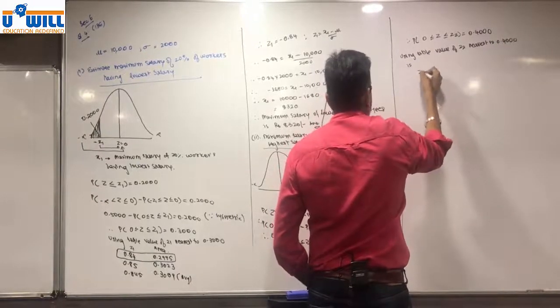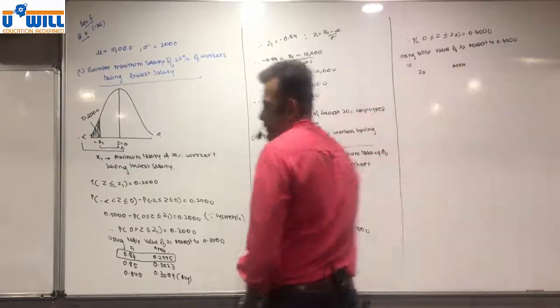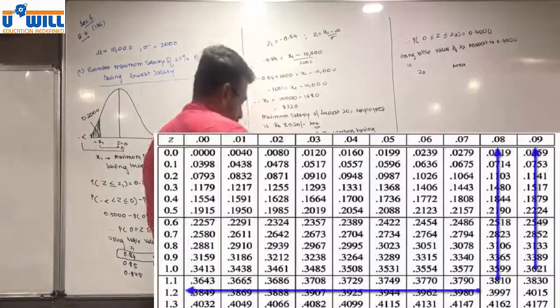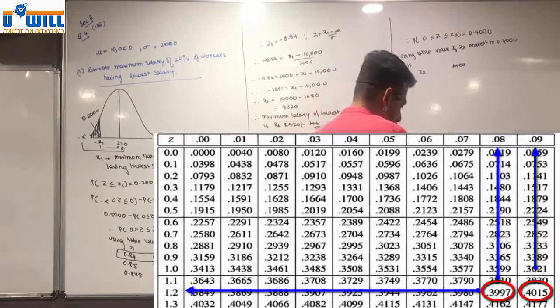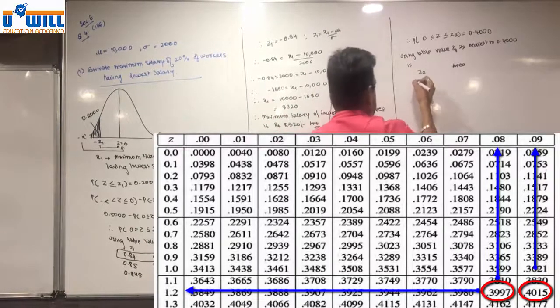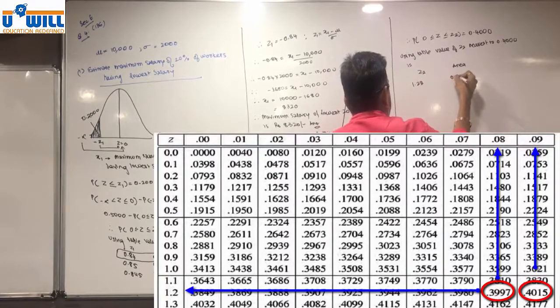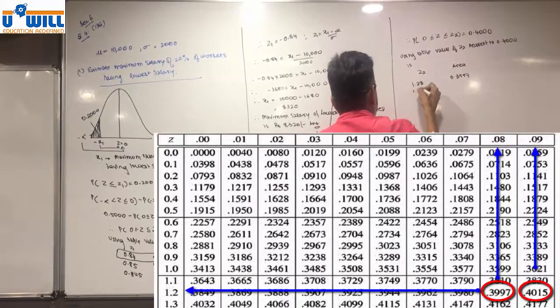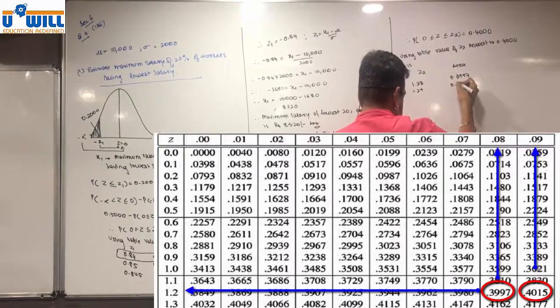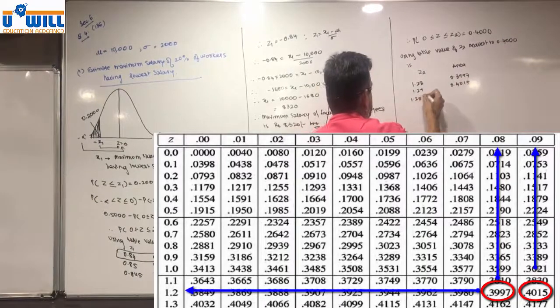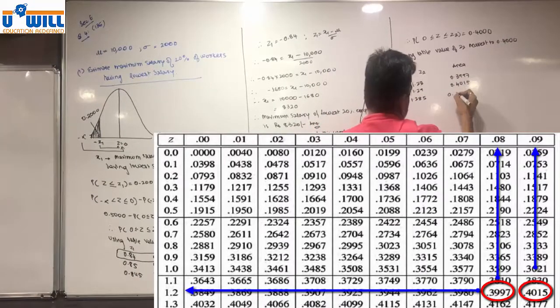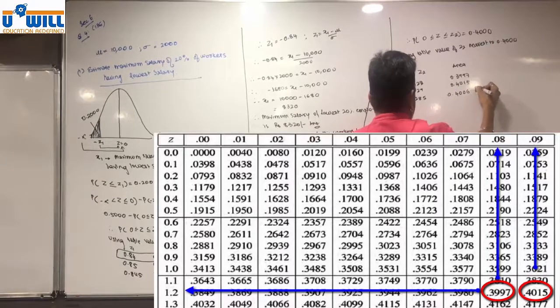Z2 and area: 0.3997 for 1.28, and 1.29 gives 0.4006, average 1.285. Which one is the nearest to 0.4?